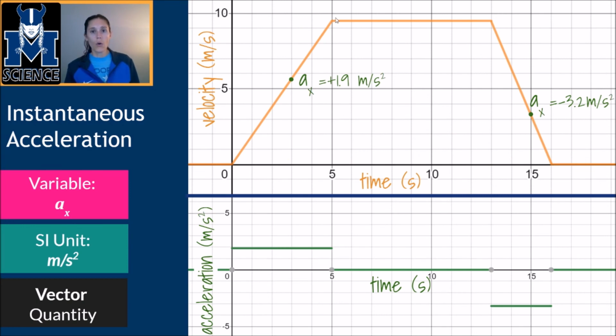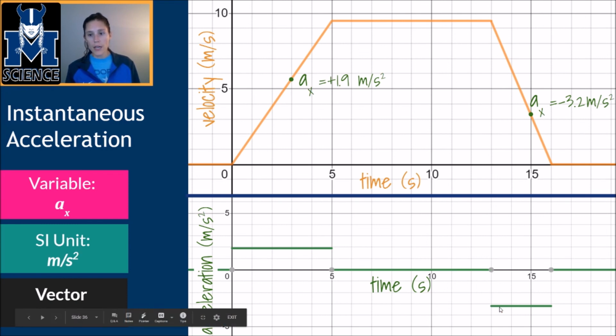Because these are straight lines, the acceleration we found at 3 seconds is the same for that whole time interval. And up at the top, where we had a horizontal line, the slope is 0, so our acceleration is 0 through that whole time period from 5 to 13 seconds.